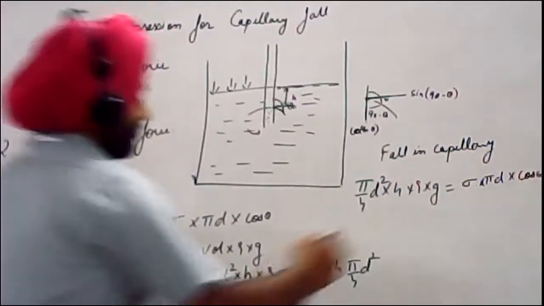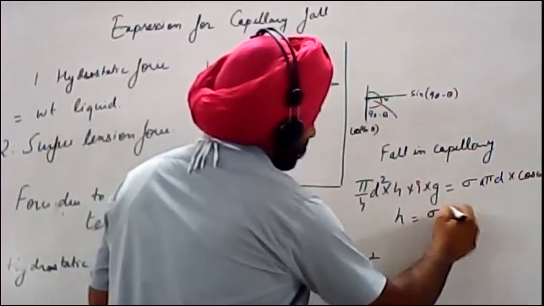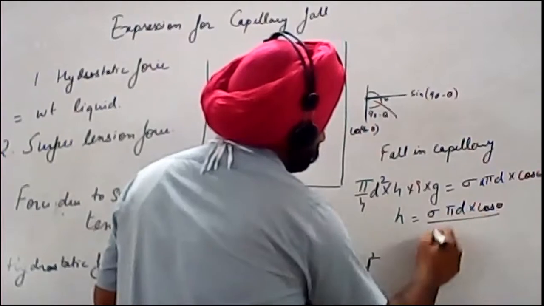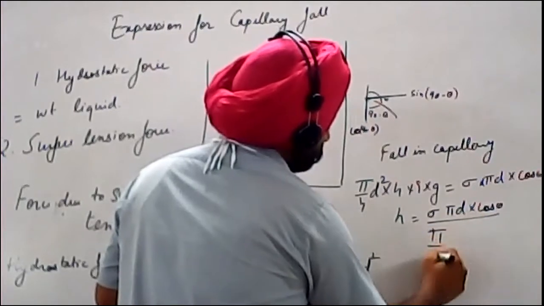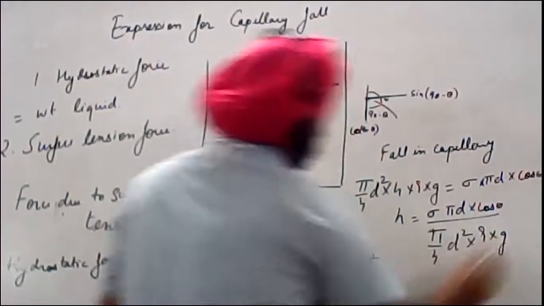From this equation, you have to calculate it is very much similar to what we have calculated in the rise. Pi by 4 d square into rho into g.